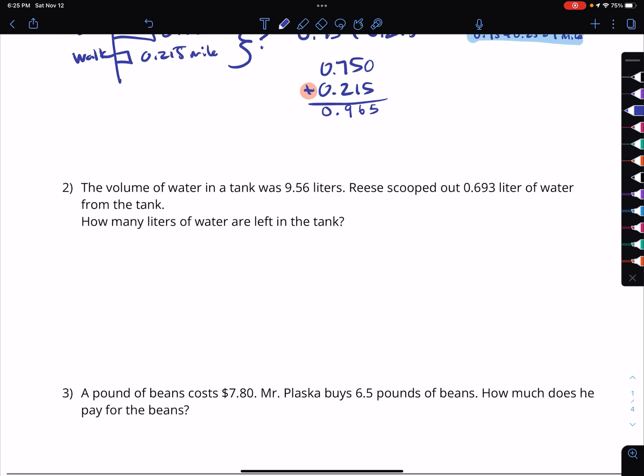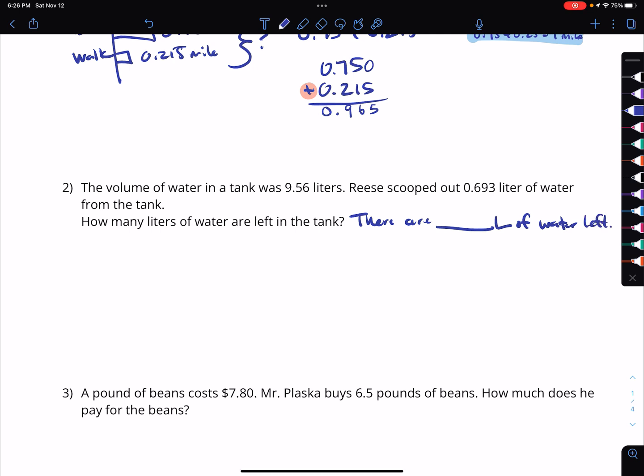Moving on, number 2, the volume of water in a tank was 9 and 56 hundredths liters. Reese scooped out 693 thousandths liters of water from the tank. Very precise again. How many liters of water are left in the tank? So I'm going to start with my sentence. Again, there are blank liters of water left.